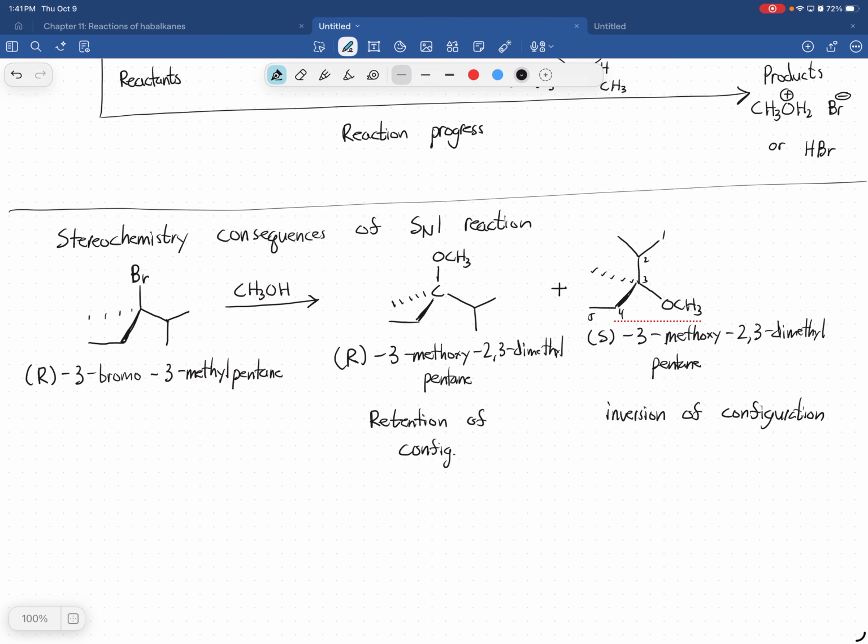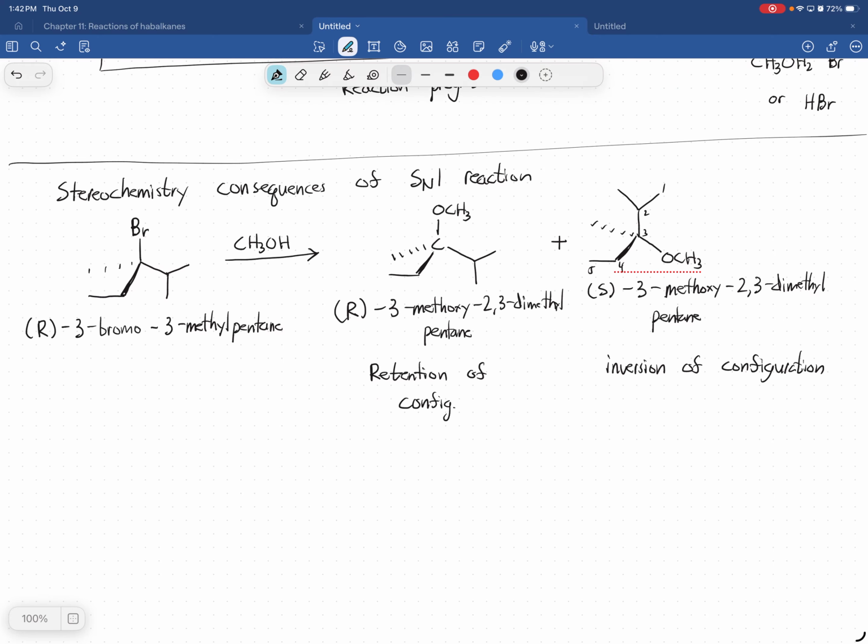So this is the problem of SN1. If you had a stereocenter, you squashed it. Now you have a racemic mixture, an equal ratio of both enantiomers. If you had a set stereocenter, you basically reset it, and now it's 50-50. You don't have an excess of either. That's the problem with this reaction.